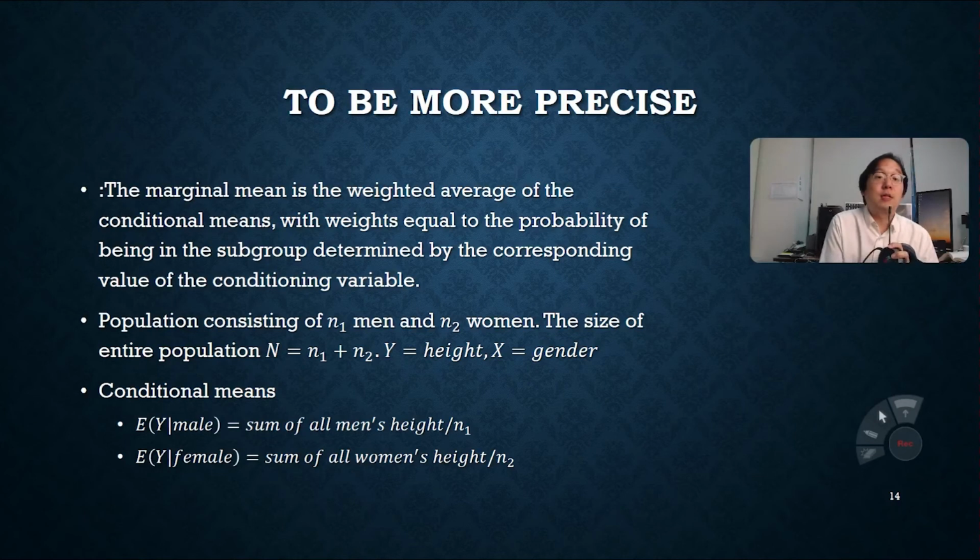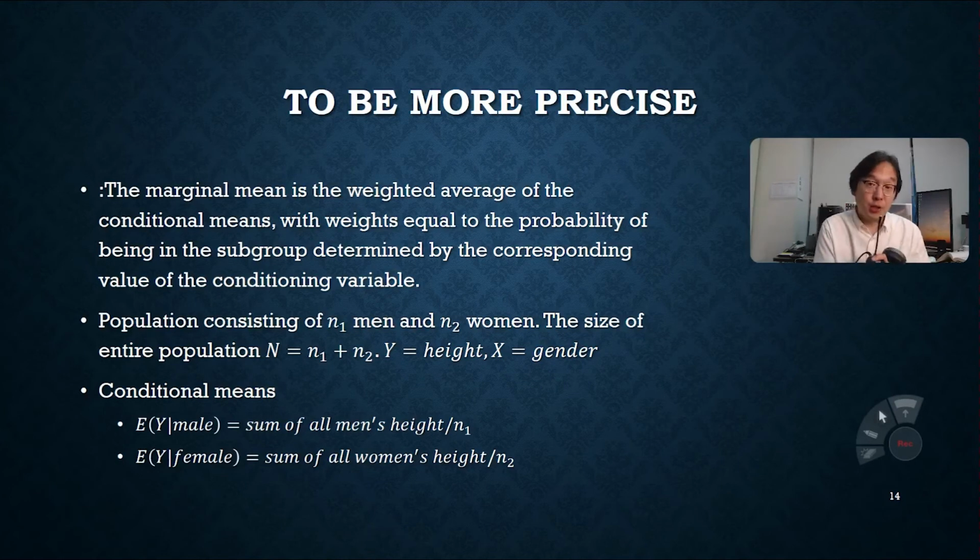So population consisting of N1 men and N2 women. The size of the entire population will be big N, which is N1 plus N2. And Y, let's say this is a height. And X is, let's say, a gender. Conditional mean of the height of people, okay? On condition that the person is male versus the person is female, the average height will be different.